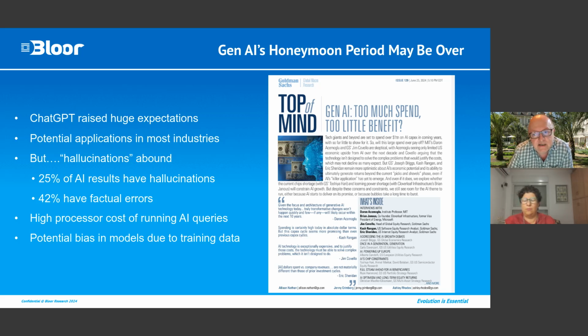So let's talk about generative AI. Certainly when ChatGPT came out from OpenAI in November 2022, it landed with quite a resounding thud on the desktops and browsers of the world, and raised huge expectations.